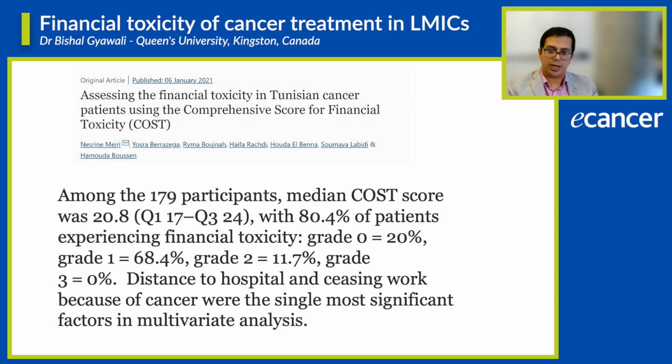The most important factors for financial toxicity were the distance to the hospital and quitting work. These are important findings, but again, I don't think the COST tool is the best metric to measure financial toxicity in countries like Tunisia. COST was made and validated for the US.